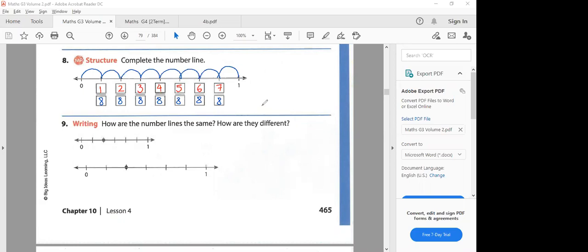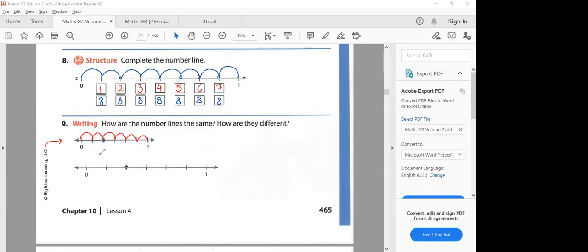Omar El Ghazar. Omar, how are you? Yes, miss. Omar, here we have two number lines and we need to know how the number lines are the same and how they are different. Okay, so we're gonna count how many jumps in the first number line. 1, 2, 3, 4, 5, 6.